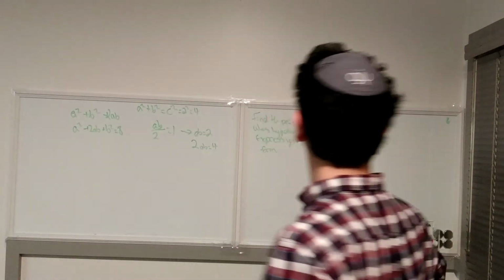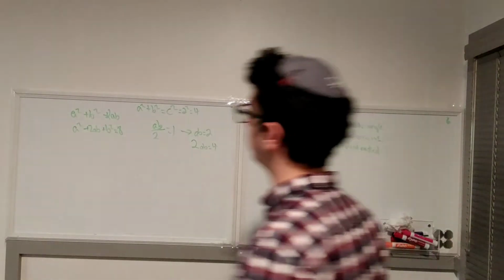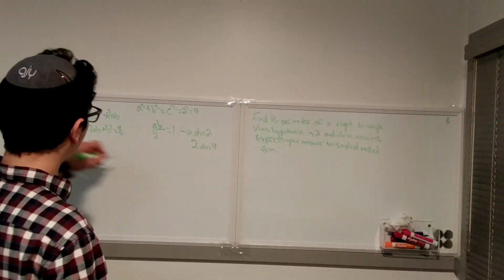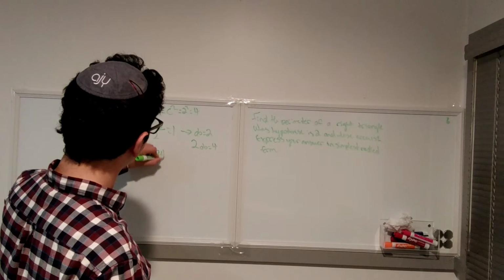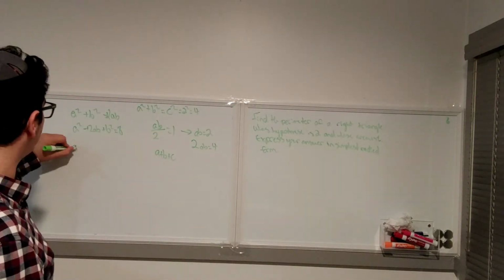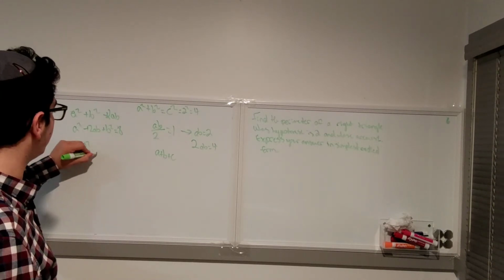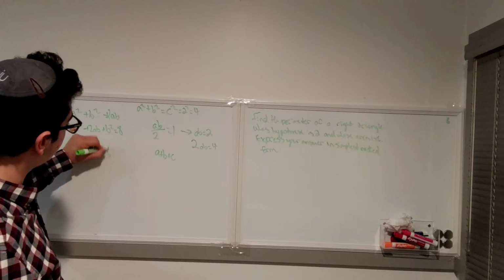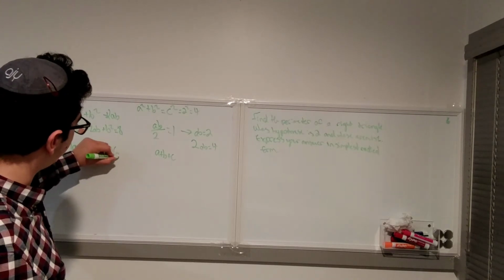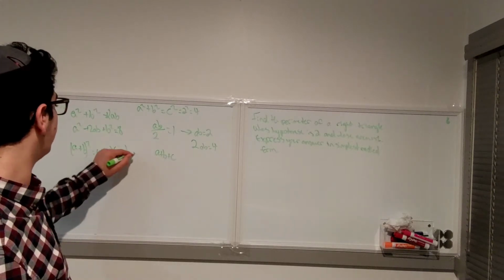Now, the question is the perimeter of the right triangle. So the perimeter is going to be a plus b plus c. If I factor this out, I say a plus b quantity squared, which is the same thing as a plus b times a plus b, and that is equal to 8.